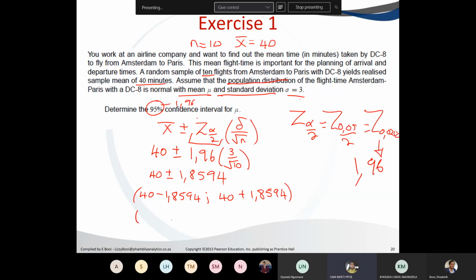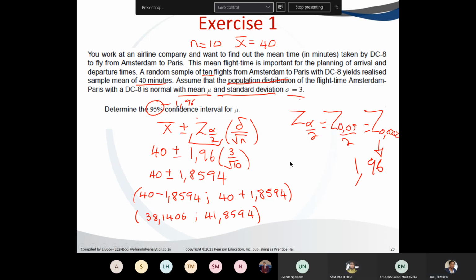Then I got 38.1406 and 41.8594. And that's how you find the confidence intervals.